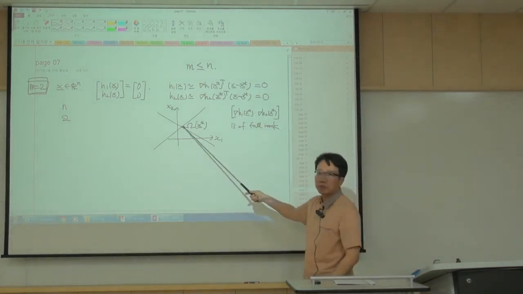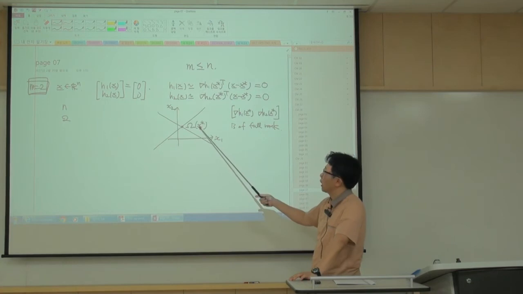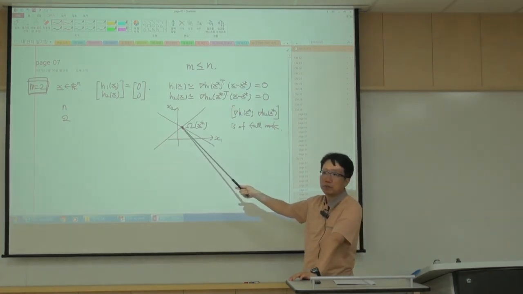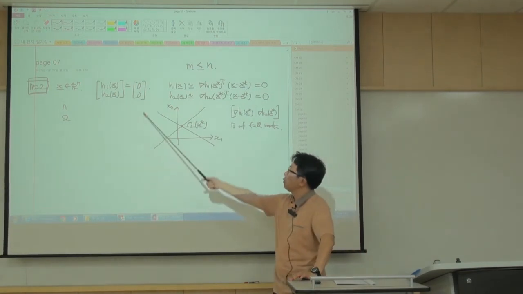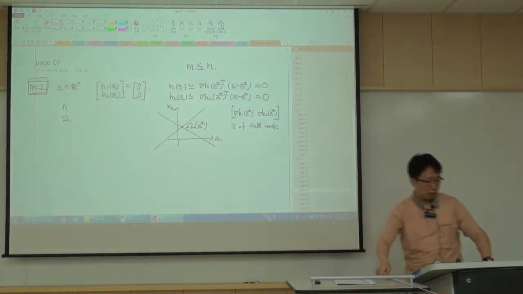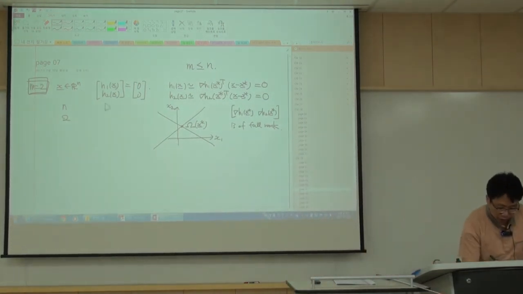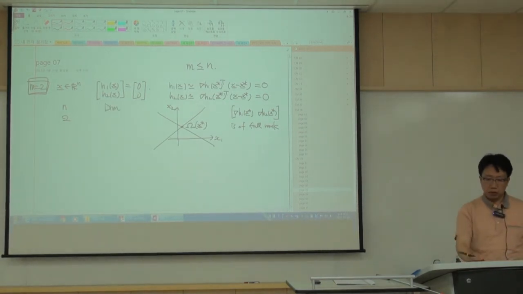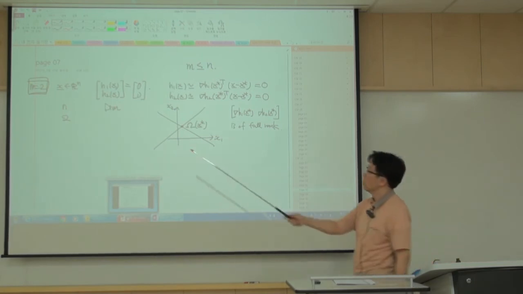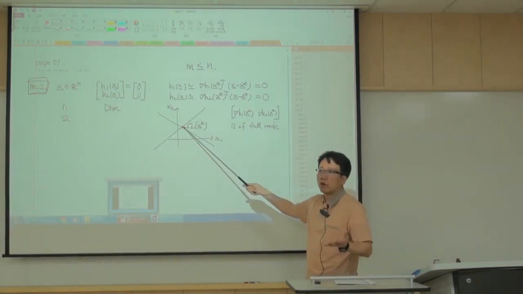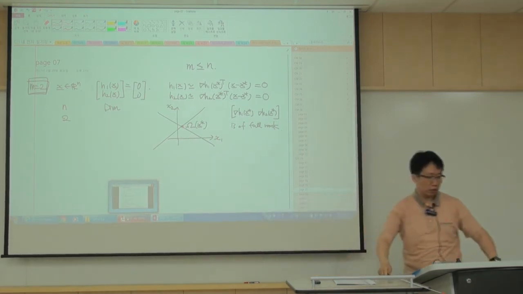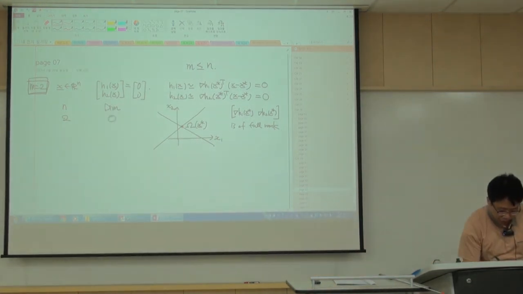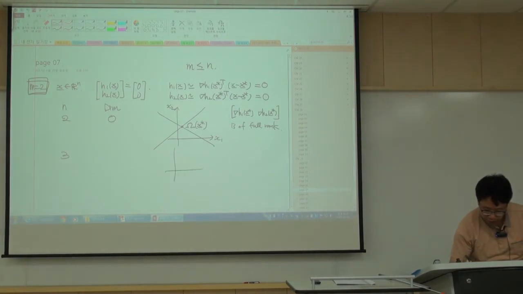Omega may be different, but around x star, we have this single point, because the constraint set is the intersection of two straight lines. Now, what is the dimension of omega at x star? This point requires no variable to specify. So the dimension is 0.